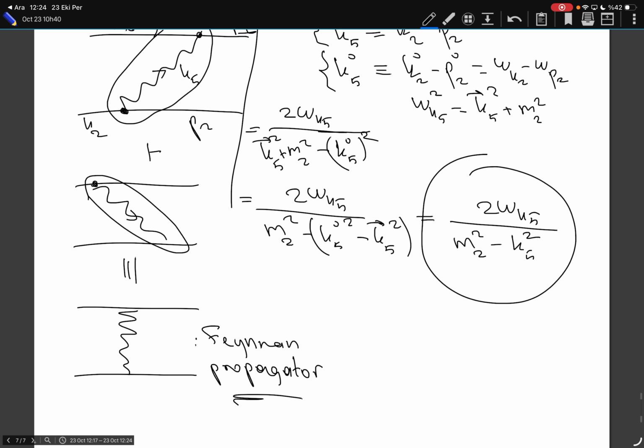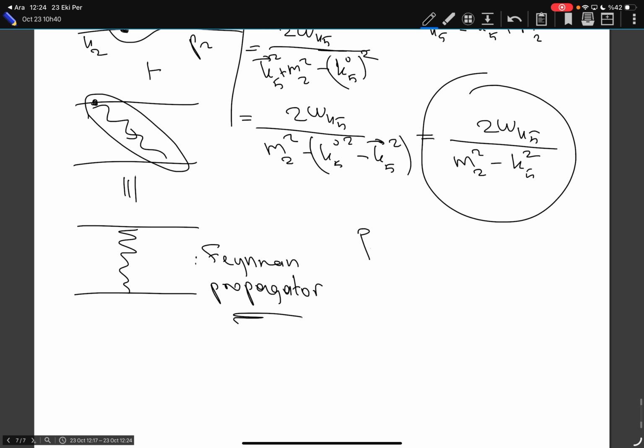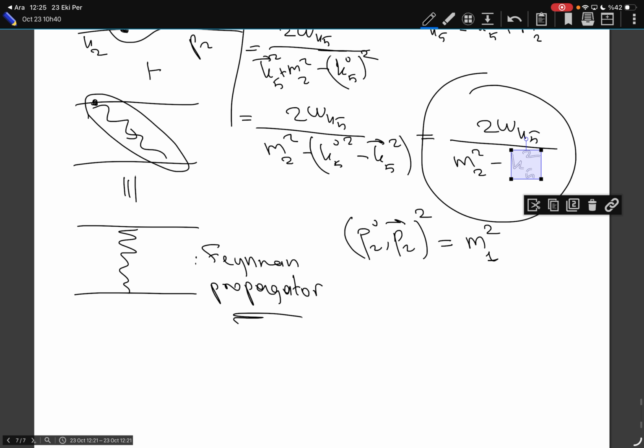Now, keep in mind that for, let's say, P2 0 and P2 3 momentum, if you look at this 4 vector, take its square, this is M1 squared. The 4 momentum squared of a particle is equal to its mass squared. But when I assign this 4 momentum to my intermediate particle, its 4 momentum squared will not be equal to its mass squared.